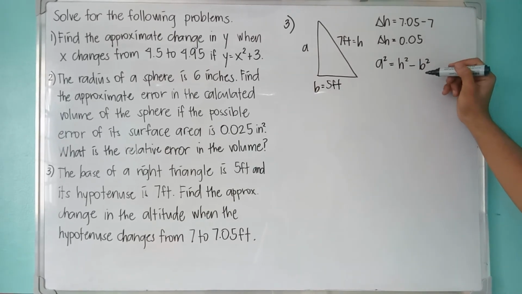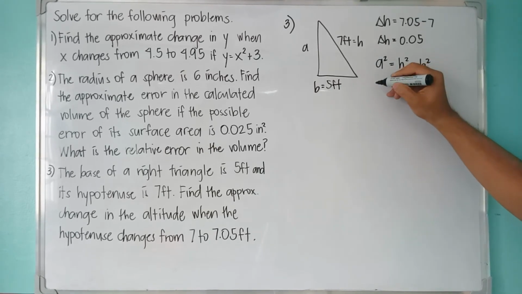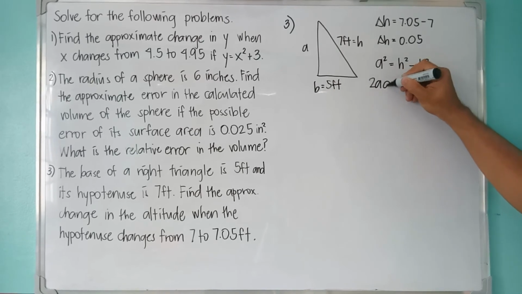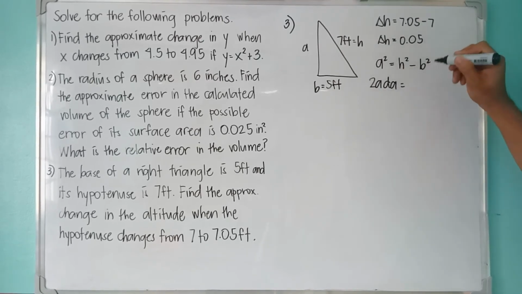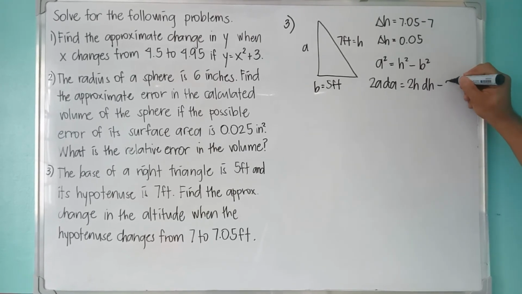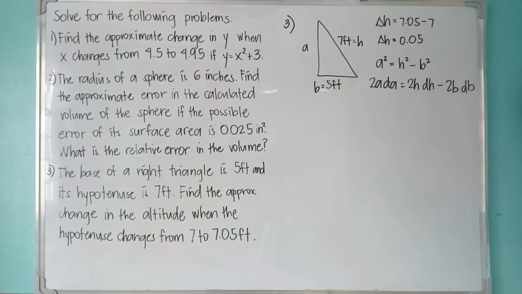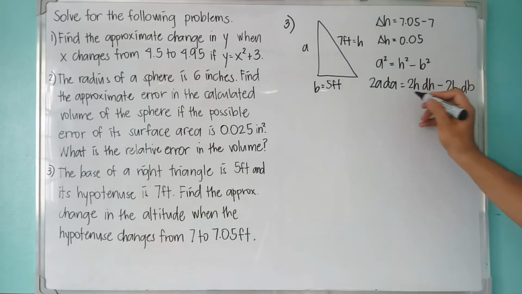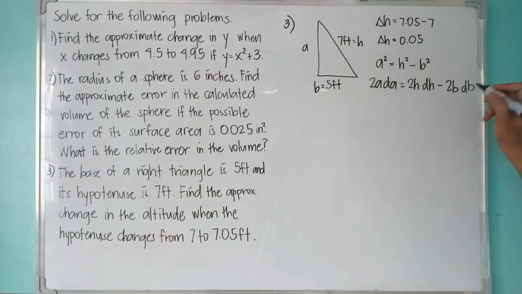So, next step, differentiate natin siya both sides. Meron tayong derivative ng A squared, which is 2A dA, equal siya sa derivative ng H squared, which is 2H dH, minus derivative ng B squared, which is 2B dB. So, mag-factor out ako ng 2 from the right side ng equation.